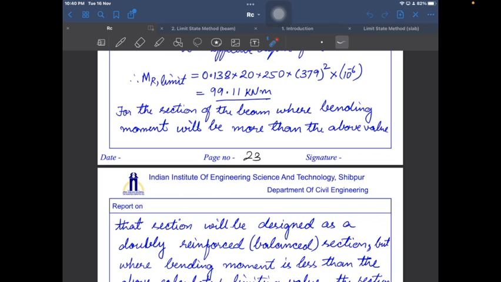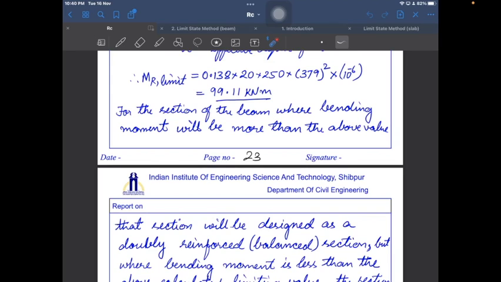Unfortunately, for the people who have got their beams as doubly reinforced, I'm not explaining that. Like for me, I have got all the beams as singly reinforced. So luckily I've got them as singly reinforced, so everything is similar for me.